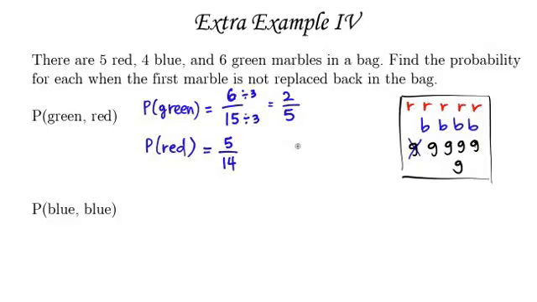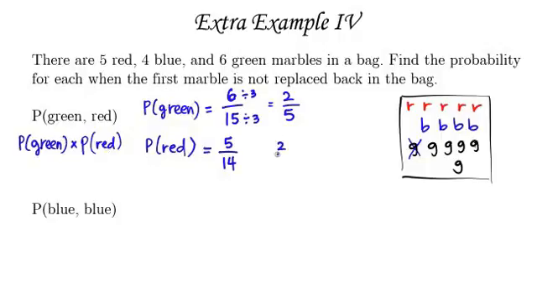So now, to find the probability of both happening, I take this one and I take this one and I multiply them together. So it'll be probability of the green times the probability of picking the red. And this is dependent, so it's the red after green.